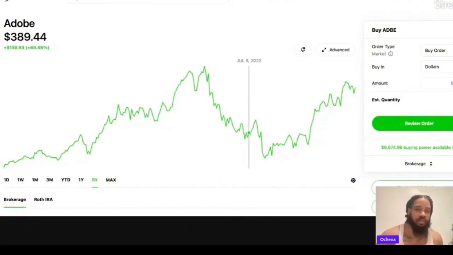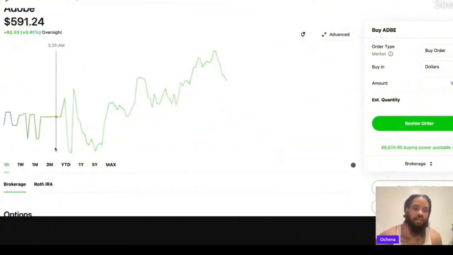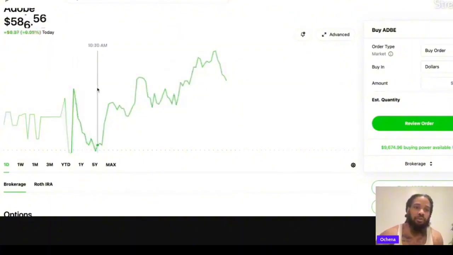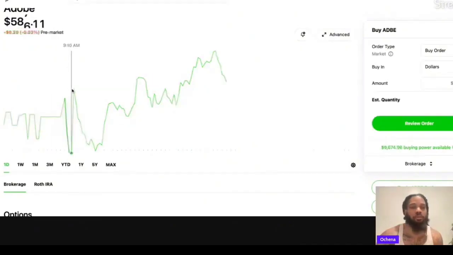So basically with technical analysis, we want to draw a line across the top on this one-day chart, right? Right here is where the stock increased, and then we want to add a resistance line. We're going to put a line straight across because this was the top price right here, and that's going to be our resistance line.